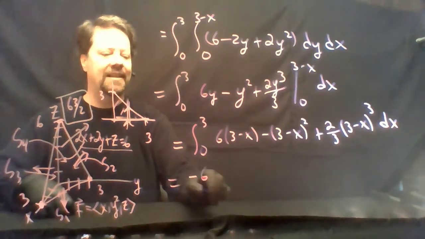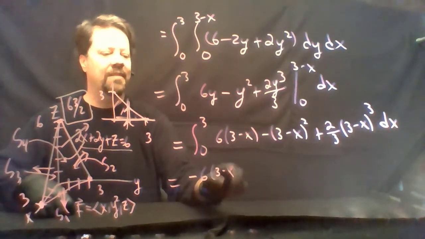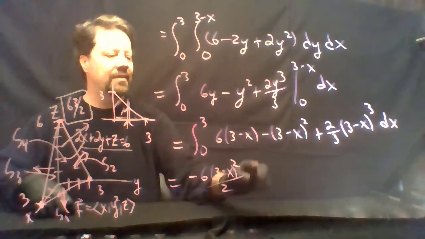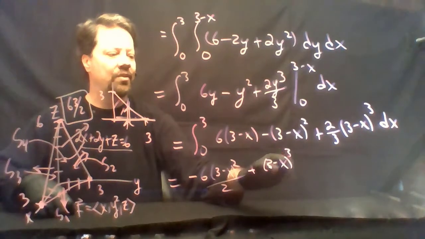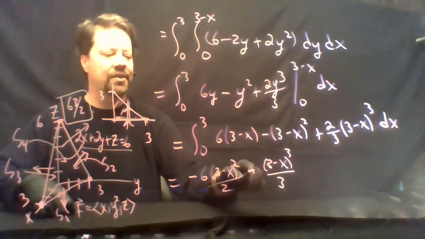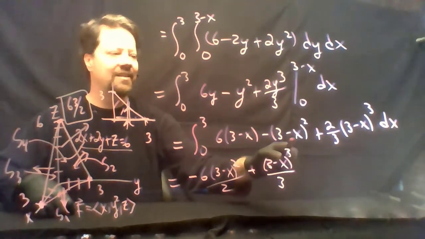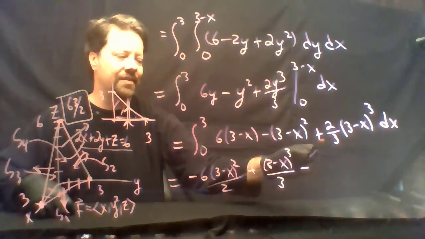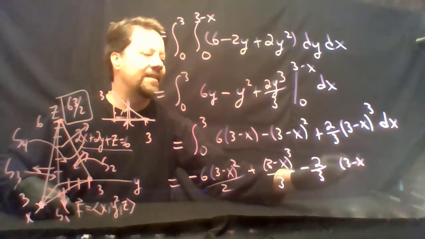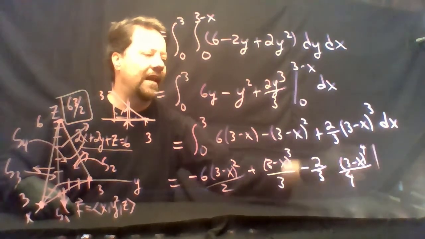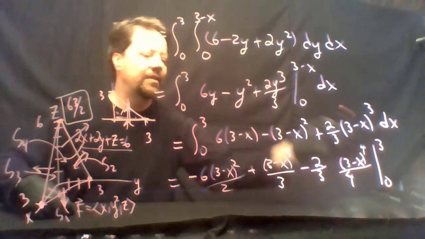Integrating, we'll have minus 6 (3 minus x) squared over 2 minus (3 minus x) cubed over 3, with an additional minus from the implied u substitution and a minus on the next term, 2/3 (3 minus x) to the 4th over 4, and we're evaluating from 0 to 3.